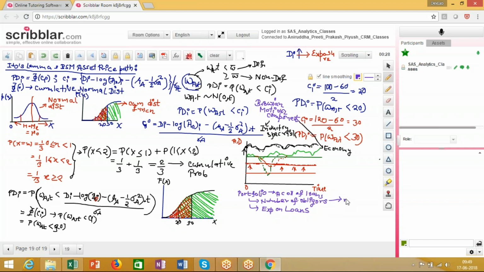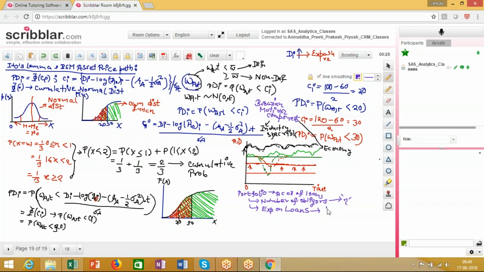So this is what our assumption is, and we assume, for simplicity, that the exposure on the loan is equal.